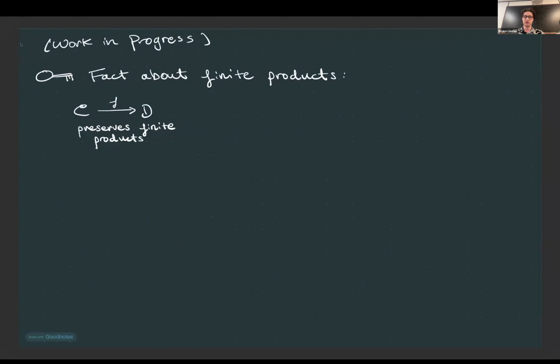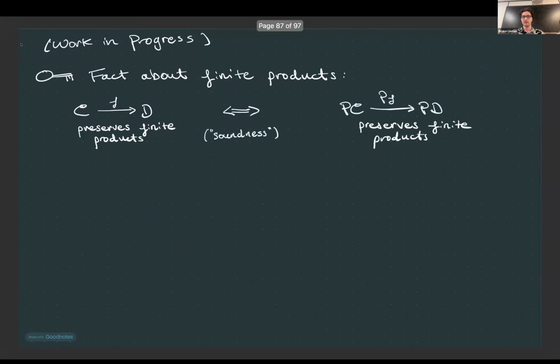And it turns out that the thing that makes it tick is the fact that if you have a functor that preserves finite products, then the extension to presheaves also preserves finite products. And this is not true for any class of limits, but it's true for quite a lot of them, and it's called being a sound class of limits.